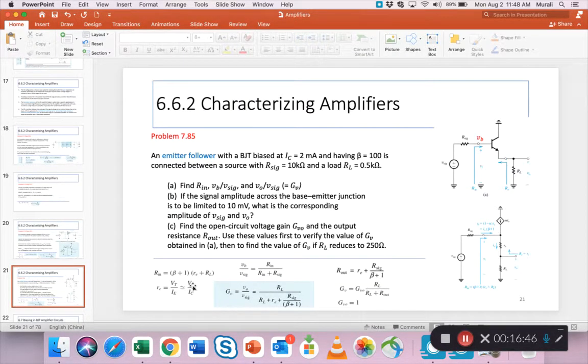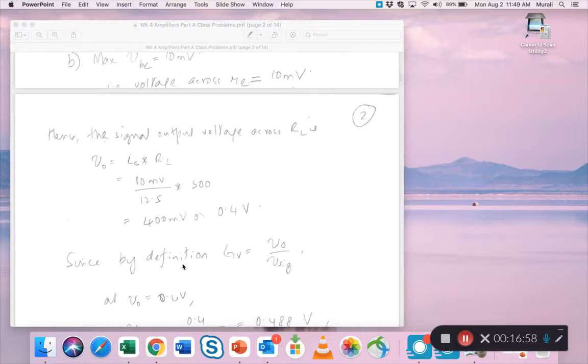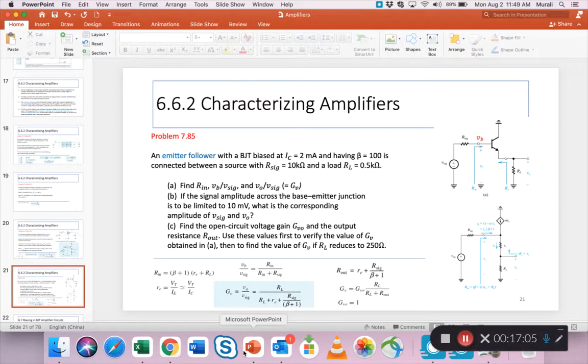IC is VT by IE. So that's how we get IC. Then, sorry, it's actually alpha times IE. That's IC, okay?